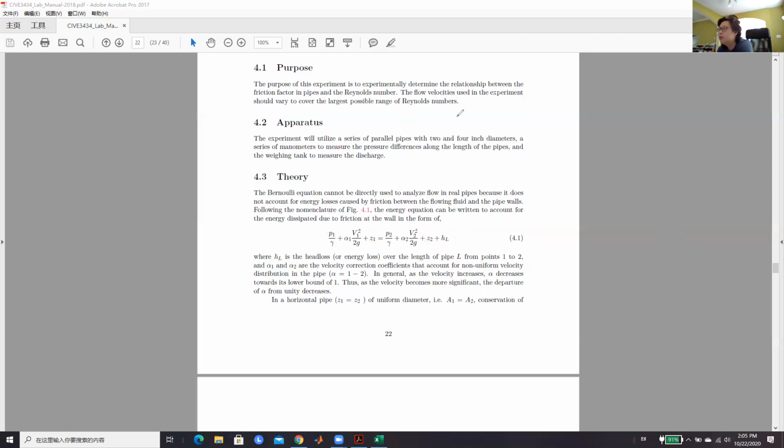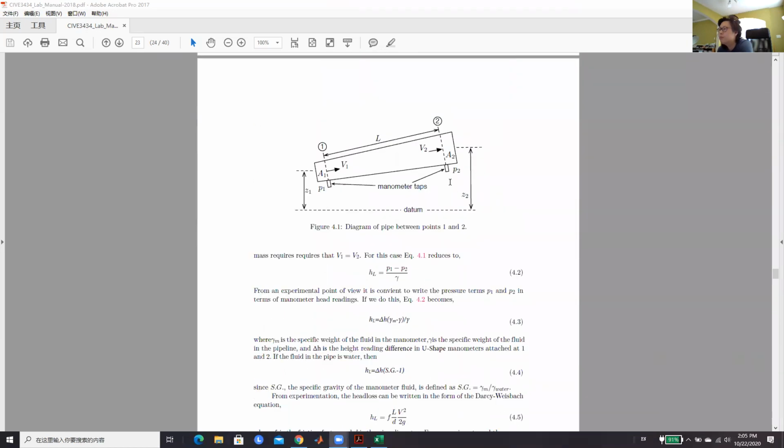Let's move on. Our case is not like this figure. This is just an illustration.